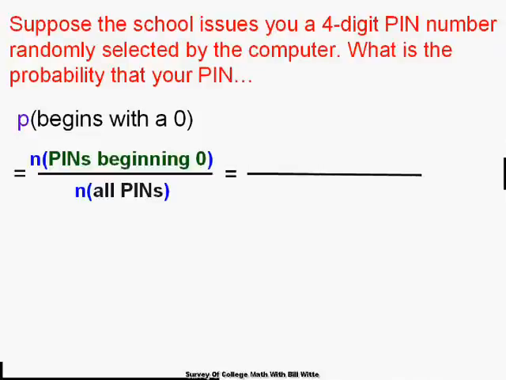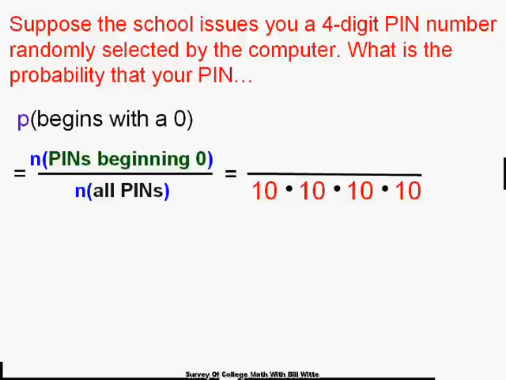The number of all PINs, well, here's where order counts, so I'm just going to use the multiplication principle. For the first digit, I have a choice of 10 digits, don't I? And the second digit, I have a choice of 10 digits, and so on. So my sample space is 10 times 10 times 10 times 10. Now, let's count the selected event.